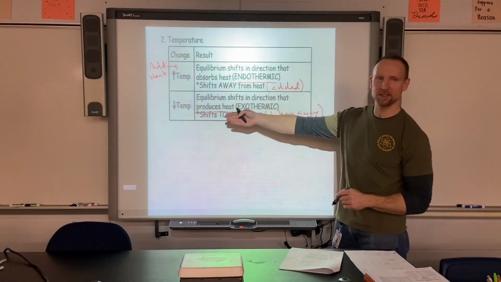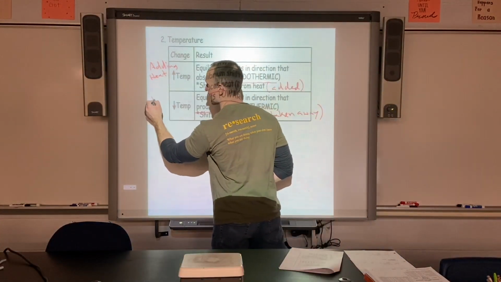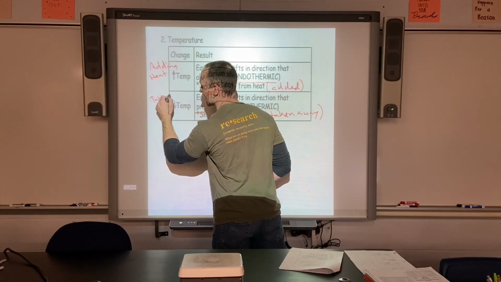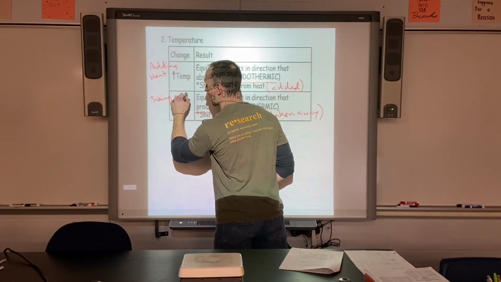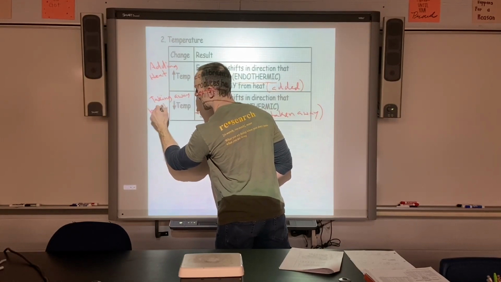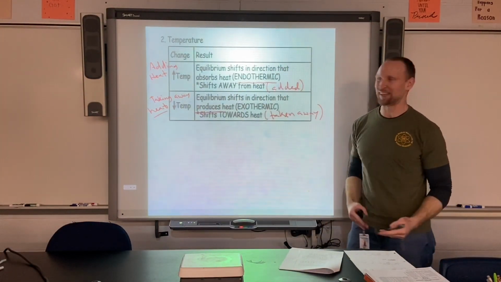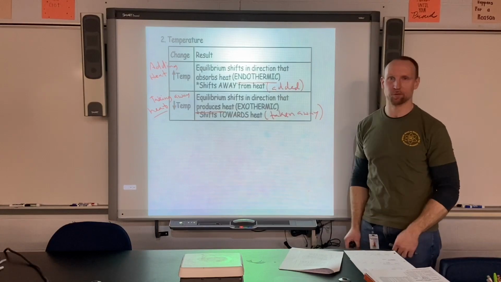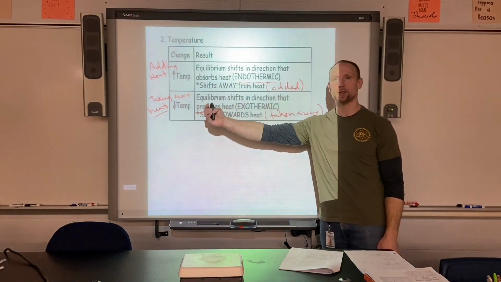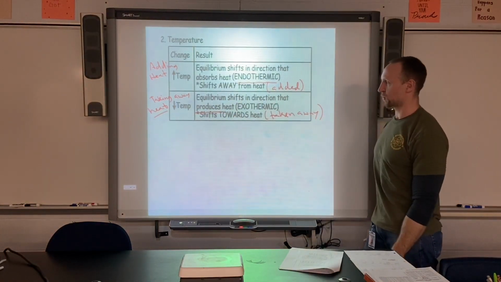So think about decreasing the temperature as taking away heat, and increasing the temperature as adding heat, and then the same rules apply as before. Shift away from what's added and towards what's taken away.